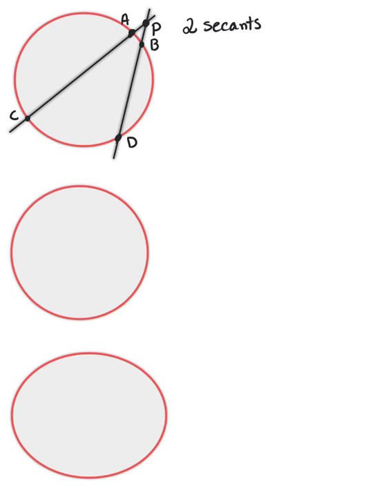Now here, what I'm trying to find is the measure of angle P. P is an angle that is formed when two secants extend to the circle from the same exterior point, that point in this case being point P. Notice that the angle, big angle P, or angle CPD, intercepts two arcs.